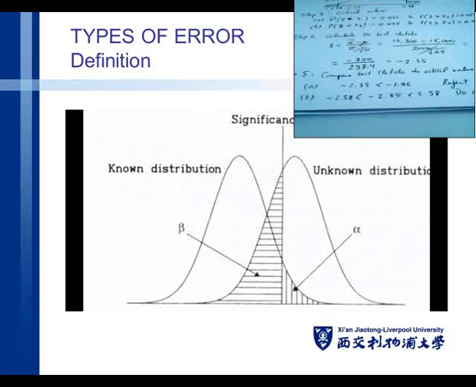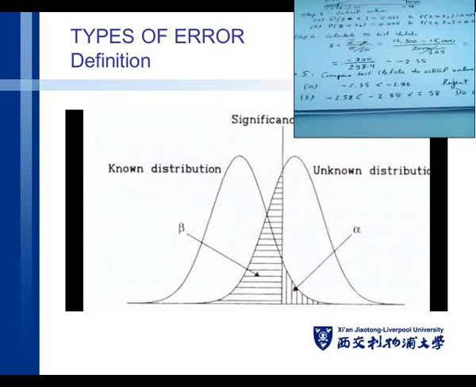And so all this area is basically when you do not reject, but in fact you should have rejected because the population average was different from the sample average. So this would be alpha, type 1 error, and this would be beta.